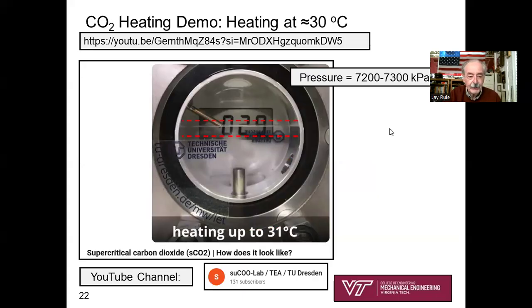Another very cool video is using CO2 and heating it the same way. Do you see, I've drawn some dashed red lines, and there's the visible saturated liquid CO2, saturated vapor CO2 situation, starting at a pressure of 7.2 to 7.3 megapascals inside this vessel, starting temperature of 29 degrees C, and you can see they did a superb job, heating up to about 30 degrees C. It says heating up to 31.